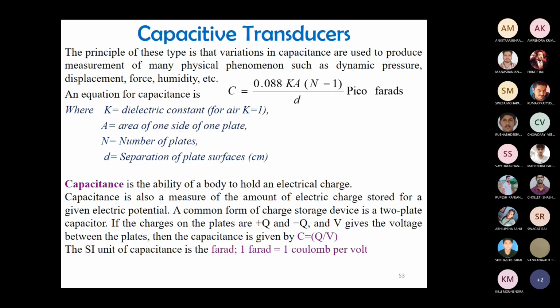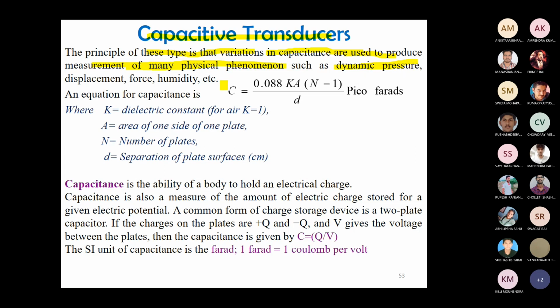So today we are discussing the capacitive transducer. A capacitor normally has two plates. You can change the distance, or the separation, between the two plates. You arrange the transducer in such a manner that if any parameter changes, the voltage due to the capacitor, the stored energy, and the charge also change. The principle of these variations in capacitance is used to measure many physical phenomena, such as dynamic pressure.